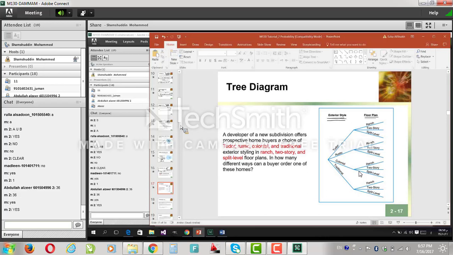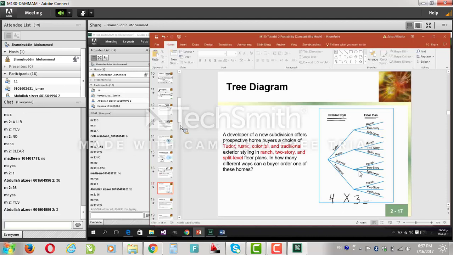The floor plan can be ranch, 2-story, or split. So for the 4 options, for the second thing, which is the floor plan, I have 3 options. So 4 times 3, so 12 options each. I have to choose between those homes. Is that clear?